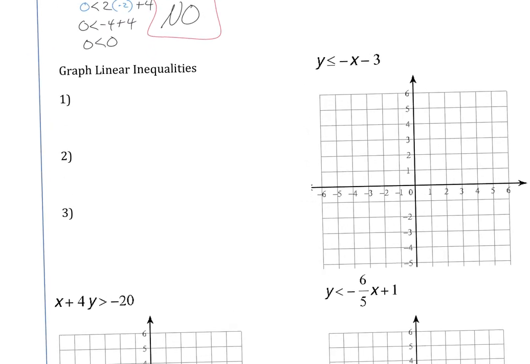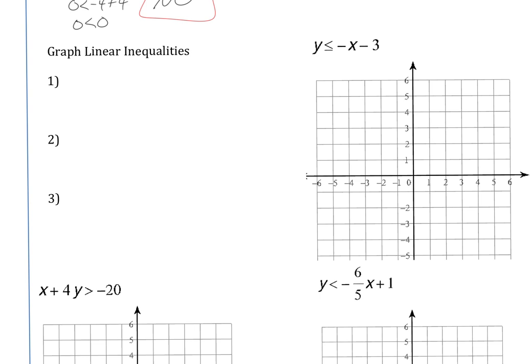Let's talk about how we can graph a linear inequality. There's a few steps I want you to take when it comes to graphing a linear inequality. The first thing that I want you to do is convert or change to slope-intercept form. So that'll look something like this.